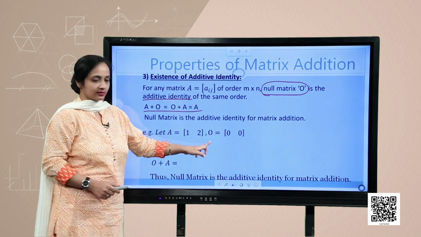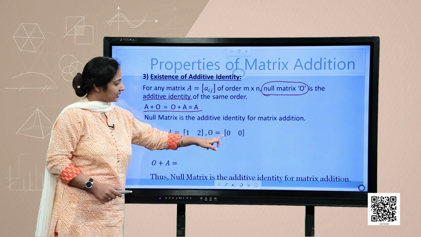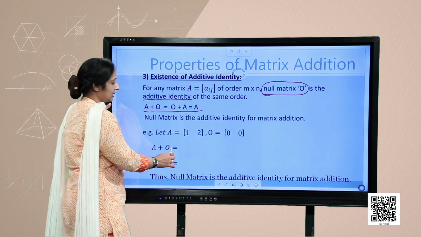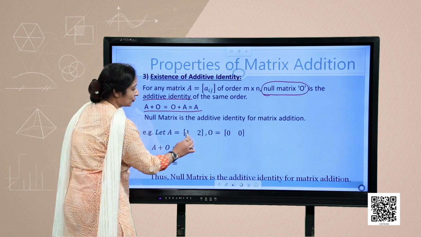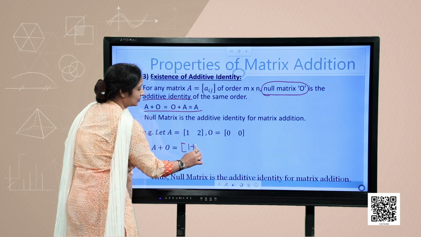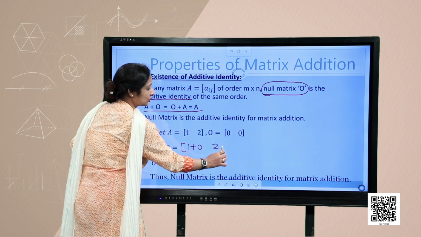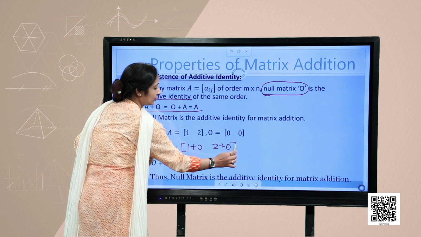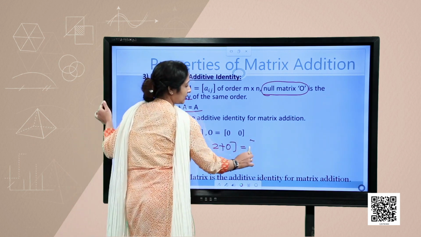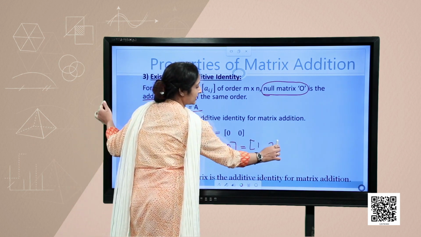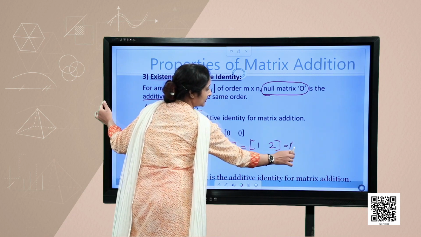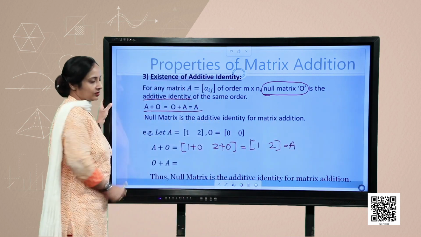Let us do it for this example of matrix A and the null matrix of the same order. Let us add them. So, 1 plus 0 and here 2 plus 0. Is it giving me the matrix A back? Yes, for this case.